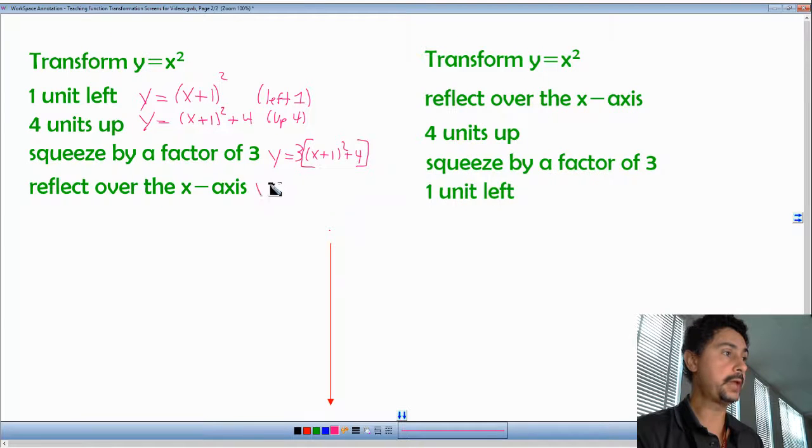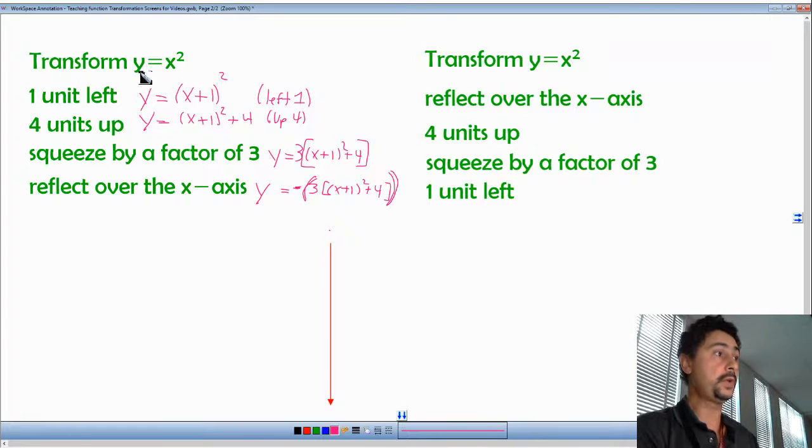So we rewrite exactly what we did before. And then there is a minus sign that you have to put over the entire thing you've done before.